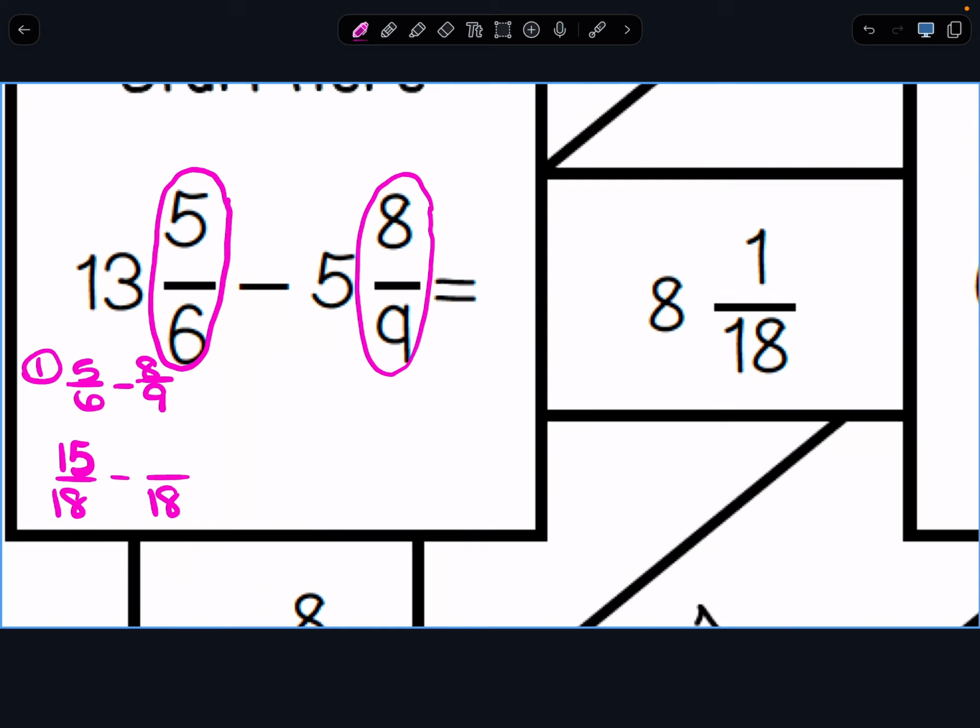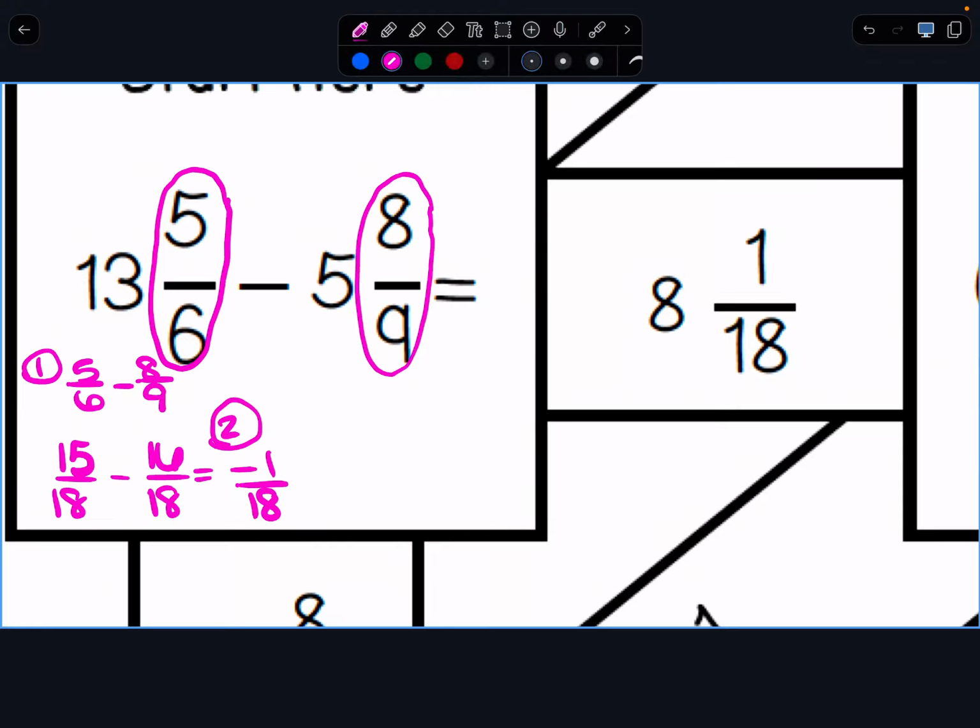So now this is where it gets a little wonky. My step 2 gives me a negative 1 over 18. But I can't write mixed numbers as a negative, right? It gets a little strange.